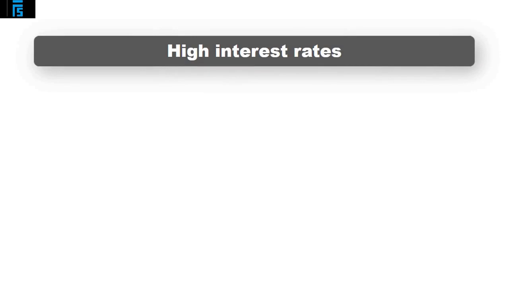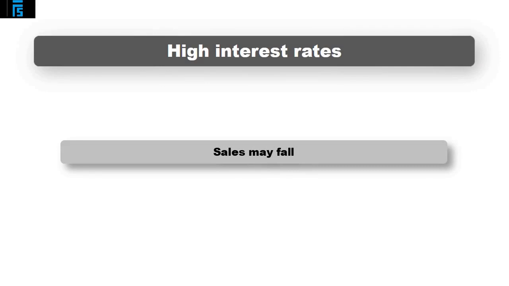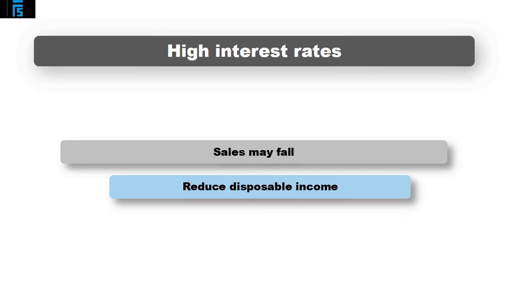High interest rates can impact on companies in a number of ways. Sales may fall as consumers save instead. This is likely to affect companies providing luxury items more than those providing necessities. The cost of borrowing for consumers will increase, which may reduce disposable incomes.